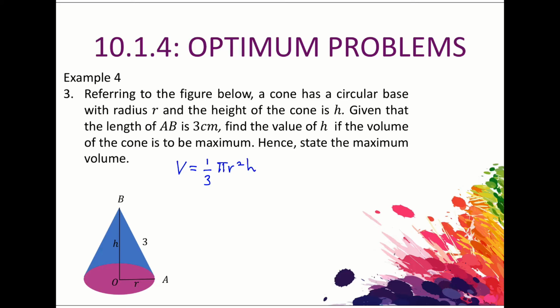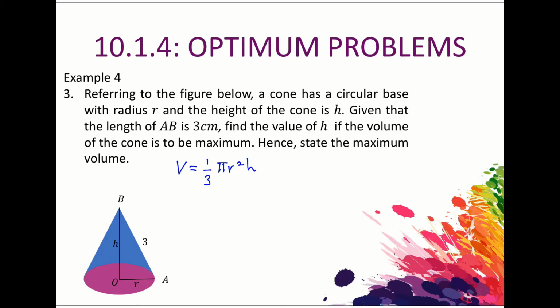So in order to find the maximum volume, we have to differentiate V with respect to h. But in this case, it is not possible yet because we also have r in the equation. So in order to differentiate V with respect to h, we need to express r squared in terms of h.